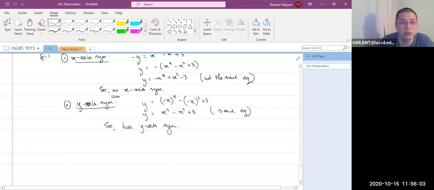And finally, how about origin symmetry? You do the same checking.